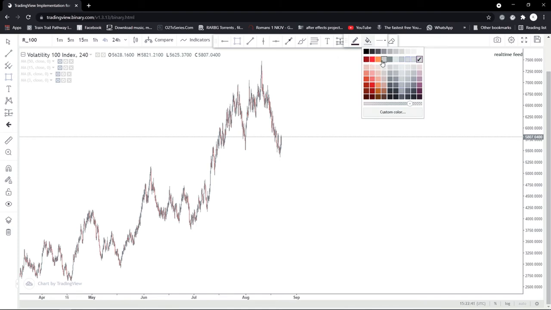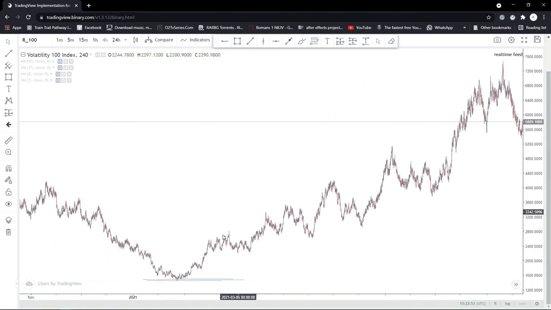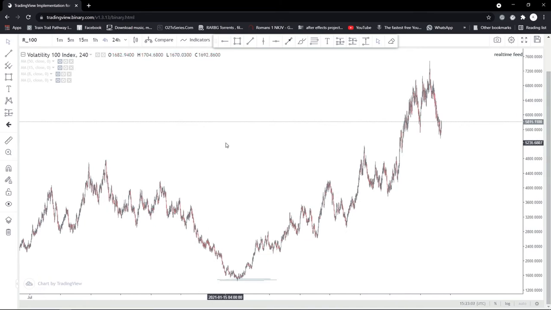So guys, this is what we're about to look at. Let me change the color to orange. This is what we're about to look at now. And yes, I want us to spot the levels before resets.